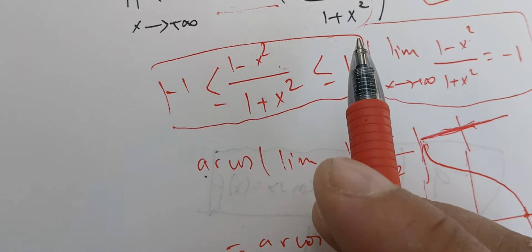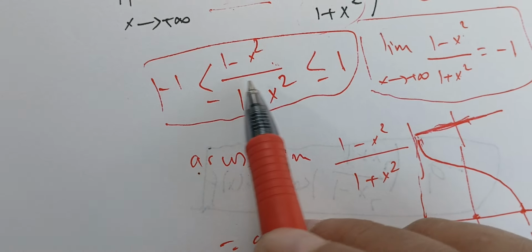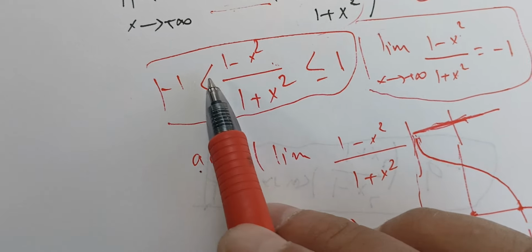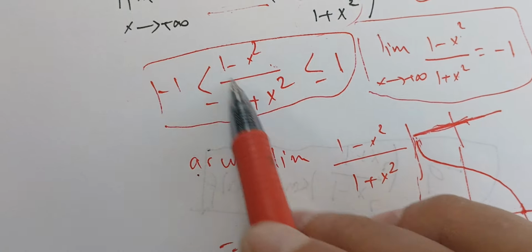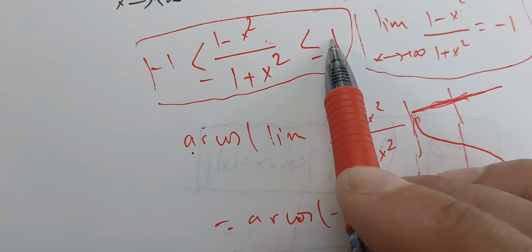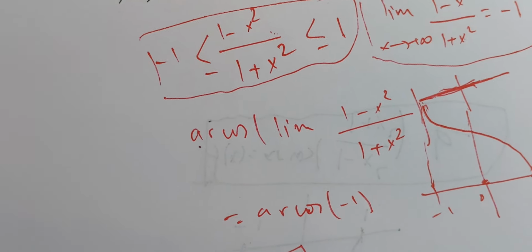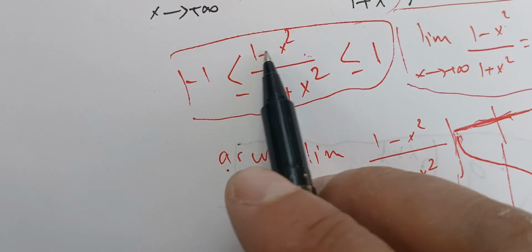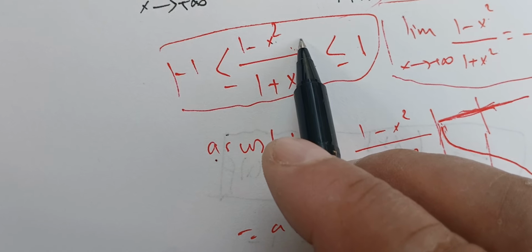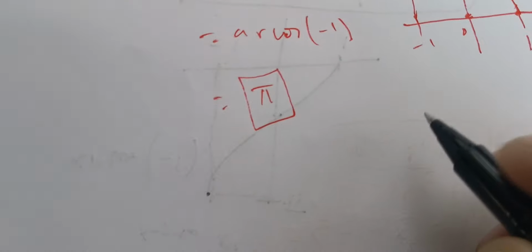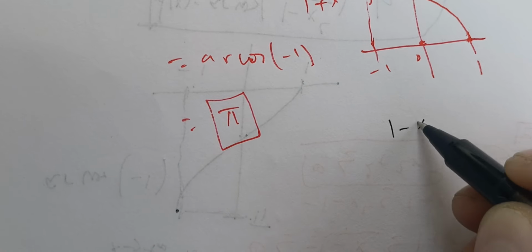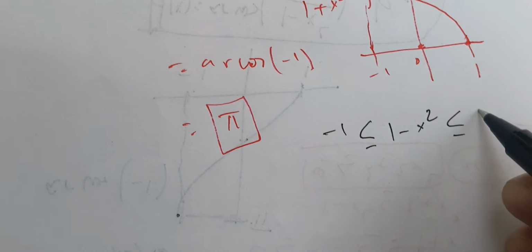So to find the domain, we need to solve this. There are many ways to find the values of x that would satisfy that this quantity is between minus 1 and 1. A quick way is to add x squared and subtract x squared. So we get 1 minus x squared between minus 1 and 1.